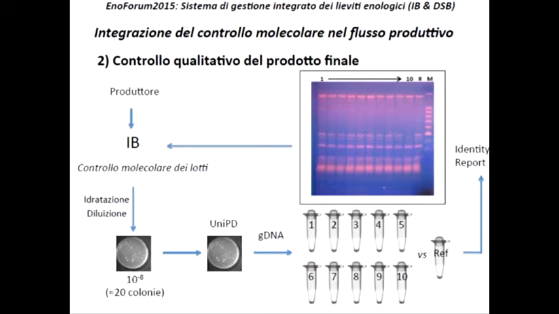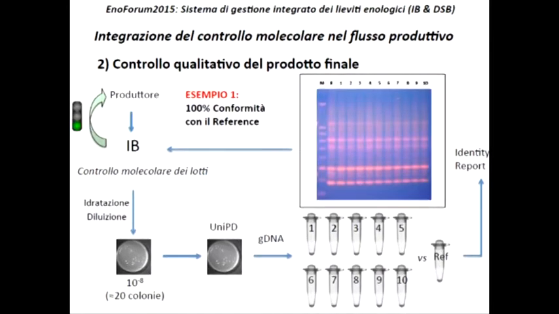Out of the 20 colonies that we receive, we take 10 and analyze, say, 50% of the sample of the batch, which is a fairly extensive analysis. We compare and contrast what we obtain from our reaction with the reference element that had been sent in the very beginning. We prepare an identity report where we state whether the sample is compliant with our reference.